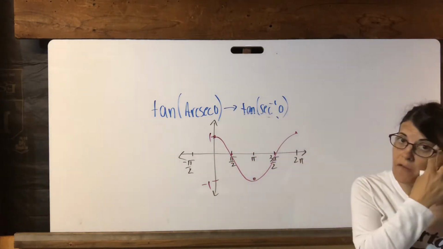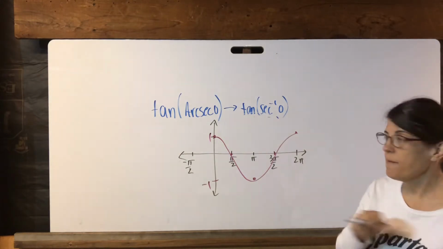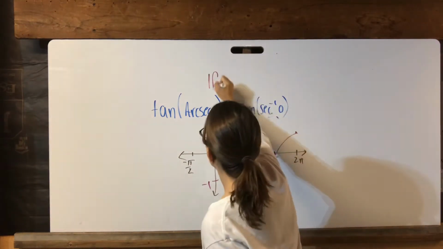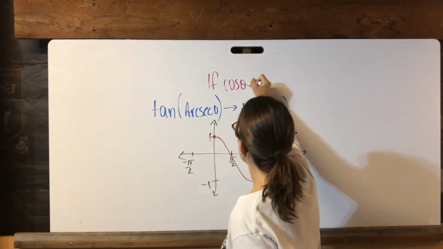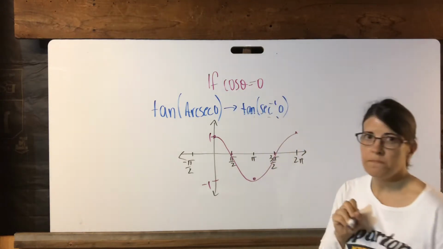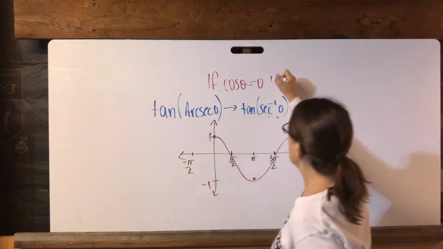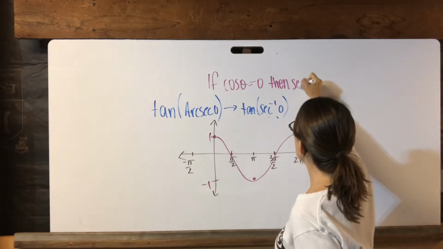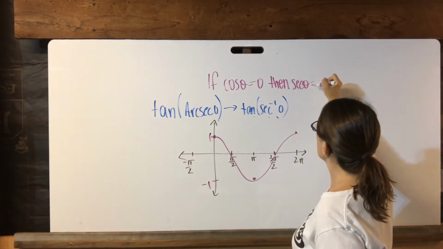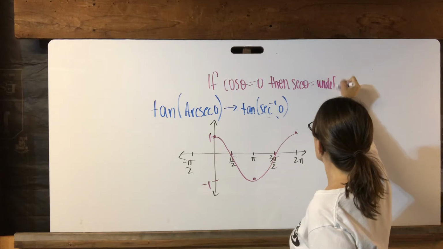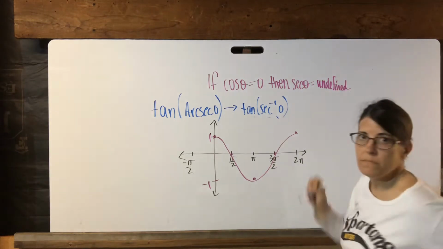There's my cosine graph. If the cosine is 0, then the secant is undefined. Think about that for a minute.